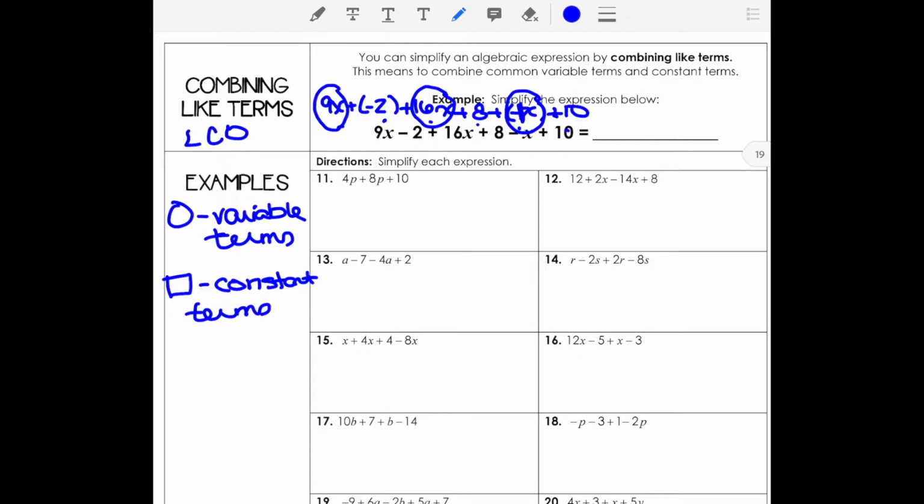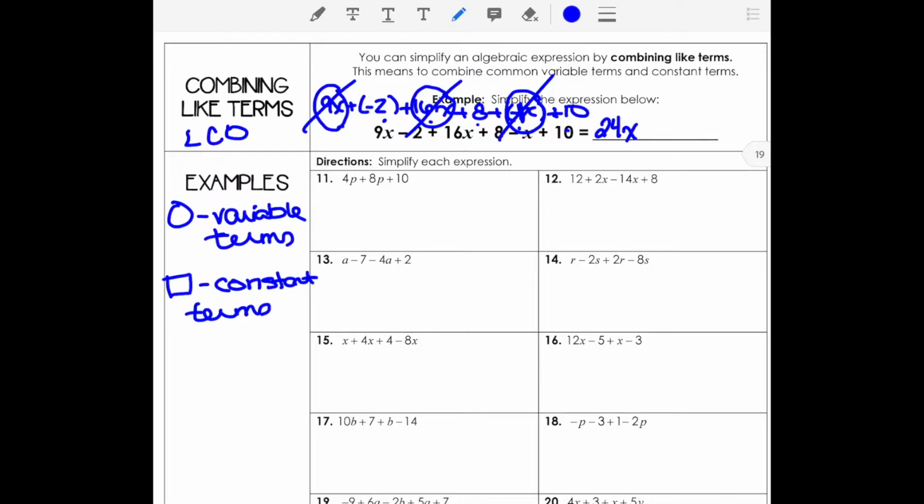You'll notice you can't really type in an x variable because the calculator or Desmos has no idea what that's equal to. So instead, we just add the coefficients, 9, 16, and negative 1. So when I add those, I get 24 times x. Now I'm just going to cross those out so I know that I'm done with them.